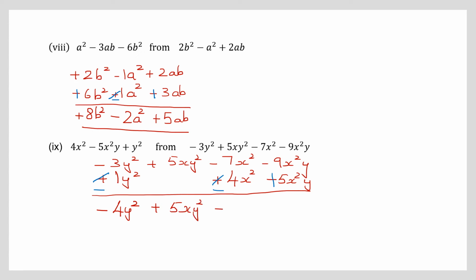So minus 7 plus 4 is 11x square. Now here signs are different. So let's write it. Minus 9 plus 5 x square y. When signs are different, sign of the bigger number and subtract. 9 minus 5 is 4, 4x square y. So that is minus 4x square y.